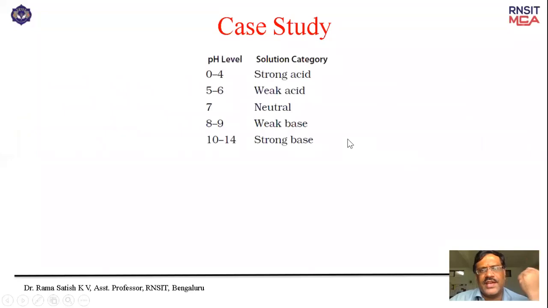Now let us take one case study. In this case study, we know 0 to 4 pH level is a strong acid, 5 to 6 is a weak acid, 7 is neutral, 8 to 9 is a weak base, and 10 to 14 is a strong base. Acids and bases we have seen. For this, we have written a code.